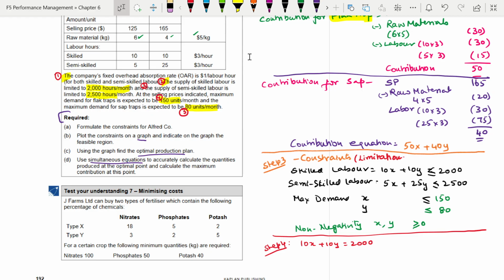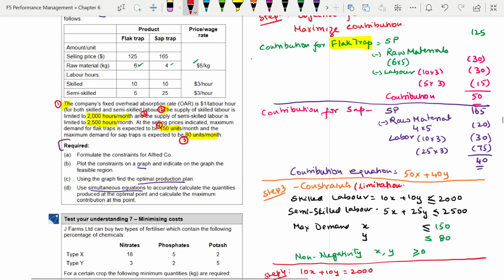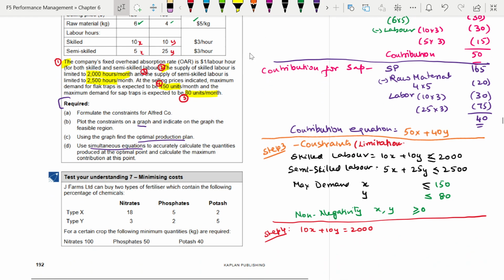In the table they have given 10 for flag, 10 for sap, so here we have taken 10x plus 10y. And here 5x plus 25y.